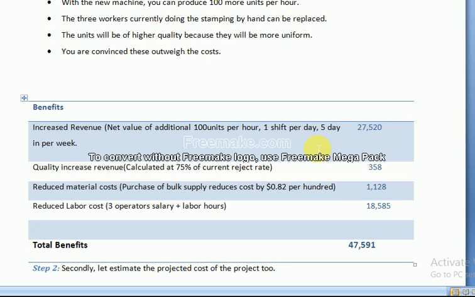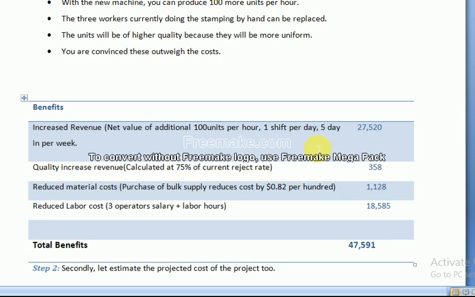We also say that when we replace the machinery with the automatic machinery, 3 laborers will be replaced. Now there is no need for those 3 laborers because our total work will be done by machinery. So the 3 workers' salary plus extra labor hours; sometimes in one day they work 8 hours, but sometimes they also work 10, 11, 12 hours of overtime.